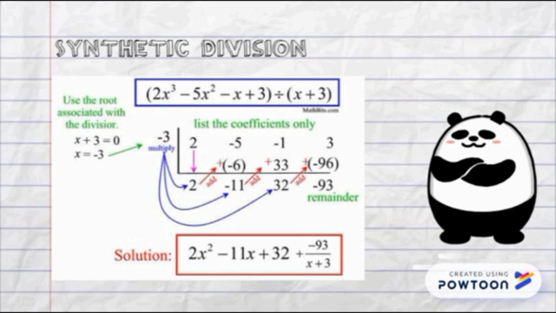But we're gonna put the positive. And as we have negative 93, the negative 93, all the number would be written down above x, above the number x plus 3. So that will be our final answer.